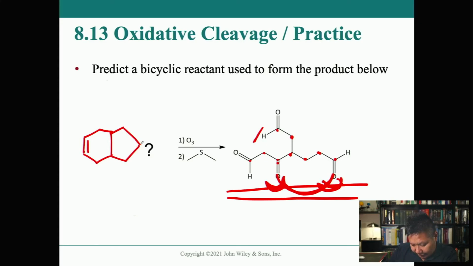It looks like it starts over here, so at the bottom of that cyclohexane, right where it meets right here, that's where the double bond was, because that's where the ketones ended up. So that's where the double bond would be for the cyclopentene part.